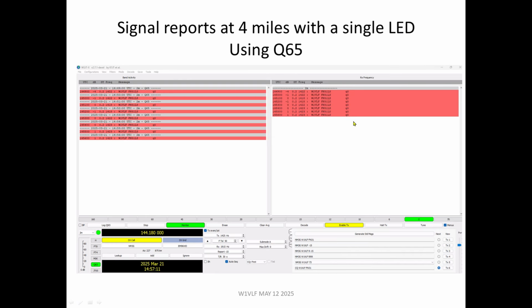Yeah. So I had a lot of headroom. Q65 will easily see things down to -23, 24, 25. And here we are 20 dB above that. So that says a lot for a 4-mile path with a single LED.